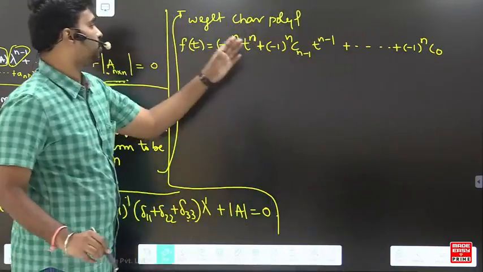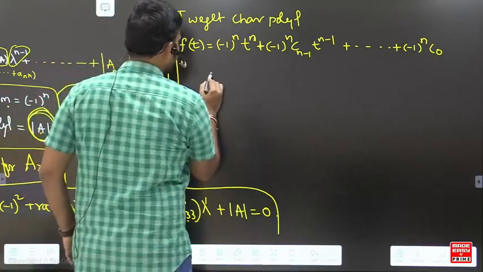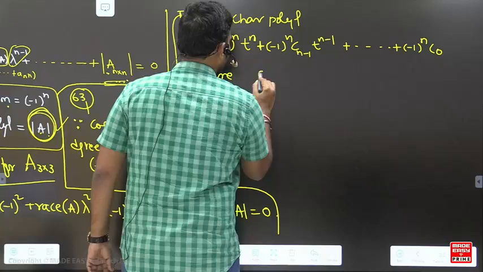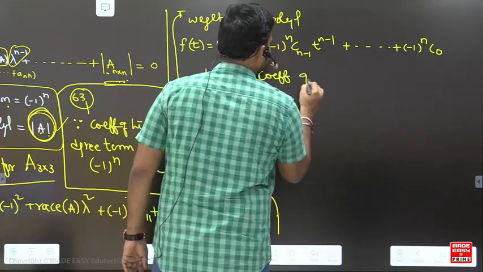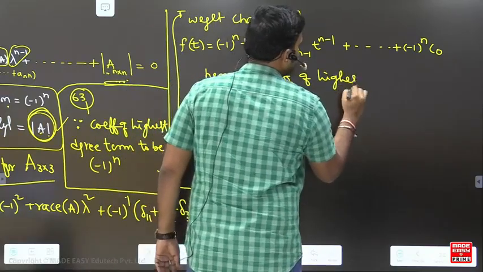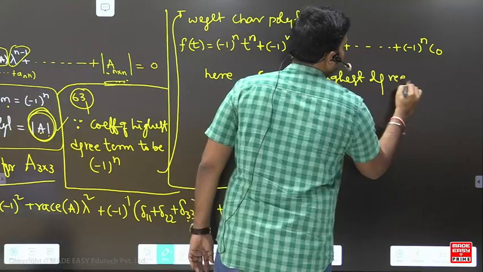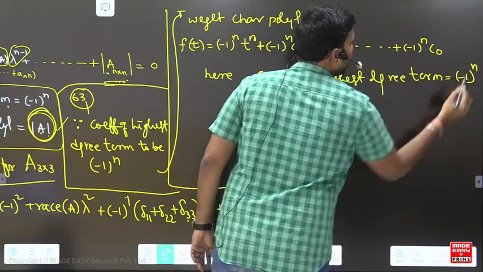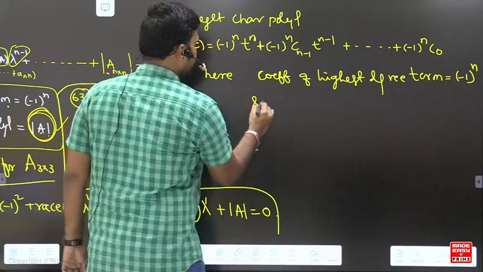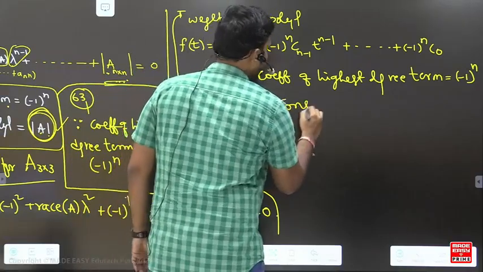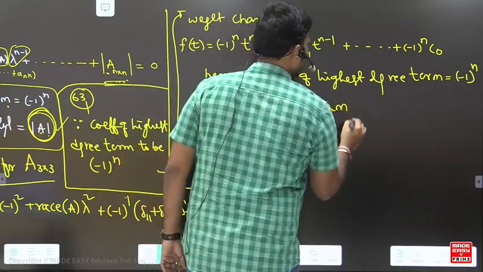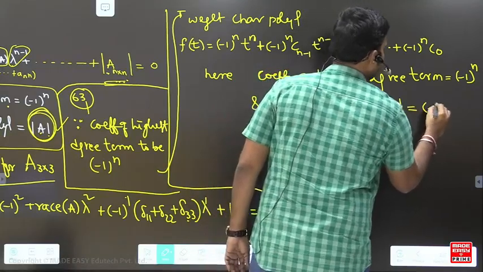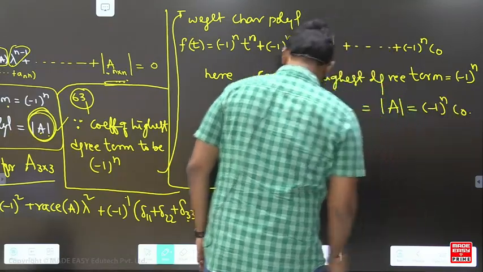Here the coefficient of the highest degree term is minus 1 whole power n, and so the constant term, the determinant of A, is equal to minus 1 whole power n c naught.